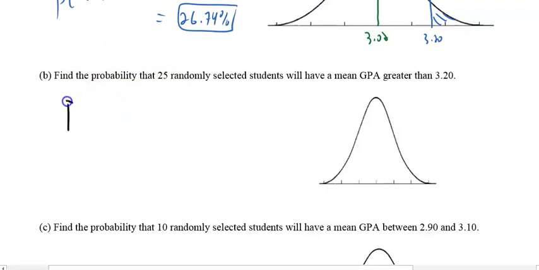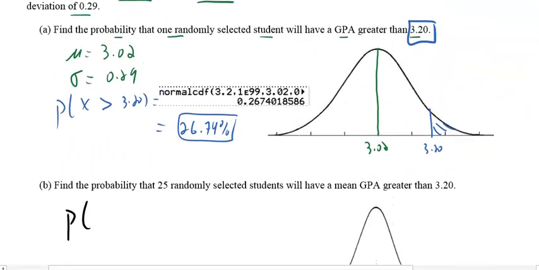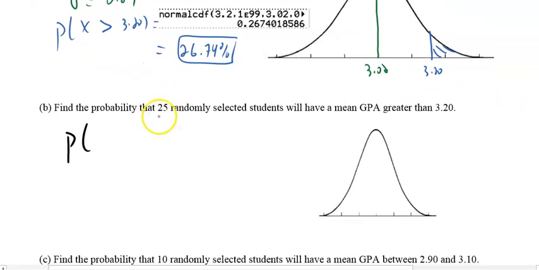Find the probability that, so this is for one student. Find the probability that 25 randomly selected students will have a mean GPA greater than 3.20. That's all 25 of them. Well, here I have to make an amendment: I'm going to assume the average is still 3.02.